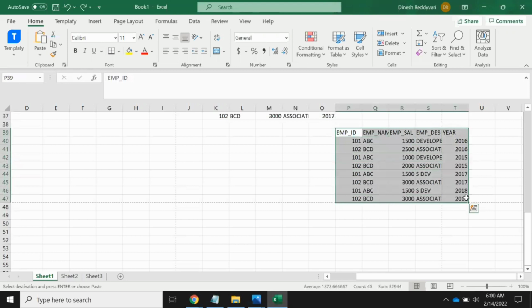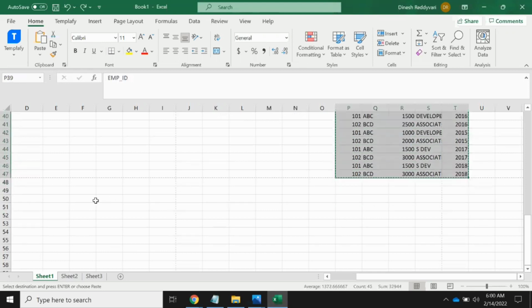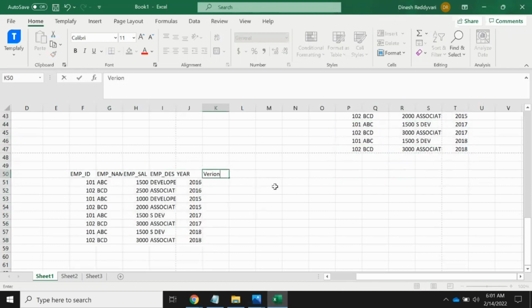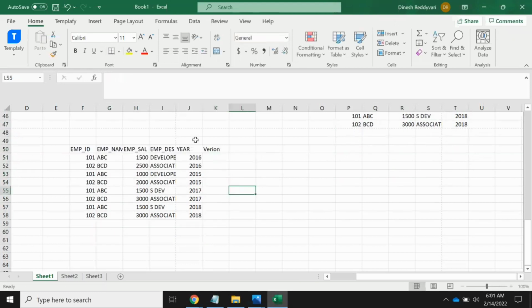Now let's observe how the version looks. For example, instead of this, if I keep a version here, the initial version is, let's assume, 1.